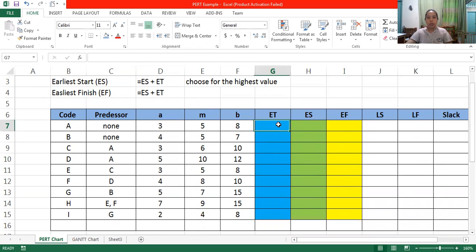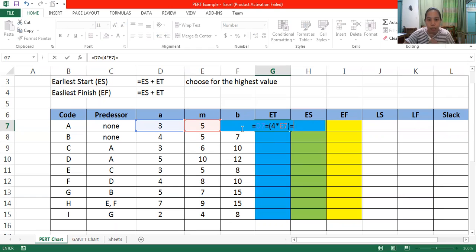We'll start computing. So the formula is A is 3, plus 4 times M, which is 5, and then plus B. B is 7.